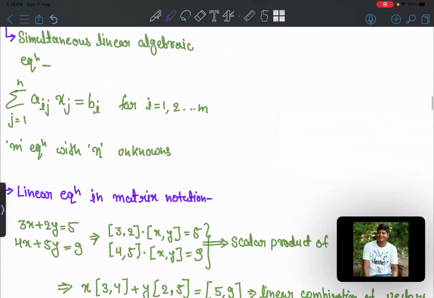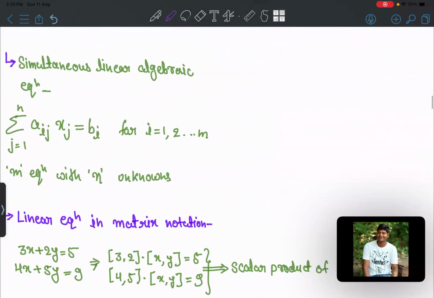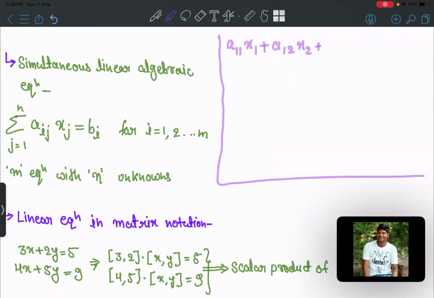So now, simultaneous linear equations. Suppose we have m number of linear equations with n unknowns. I can represent these equations as: the first equation a11 x1 plus a12 x2 plus a13 x3 dot dot dot, that will be equal to b1.